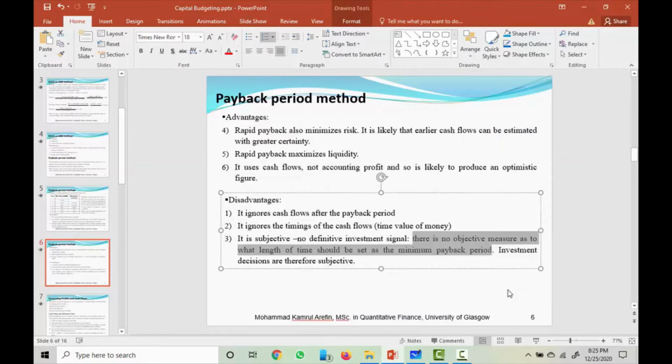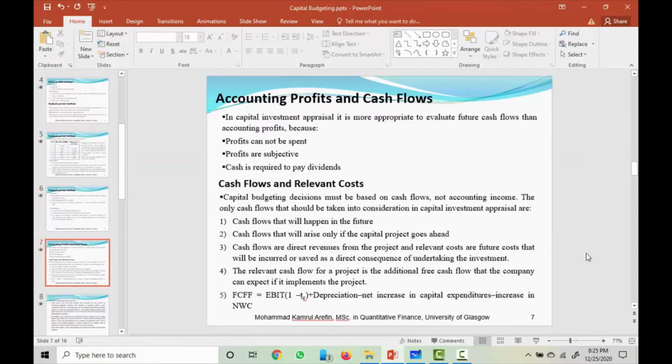The minimum payback period good enough to consider a project is not mentioned, and it can vary from person to person. That's why it is very subjective, and that's why the investment decision is also very subjective. So these are the advantages and disadvantages of payback period method.